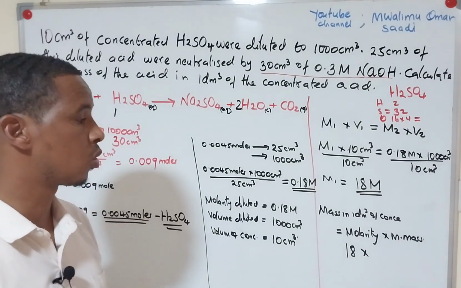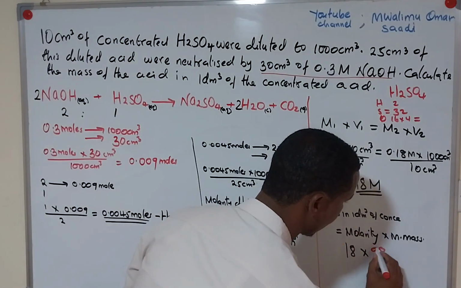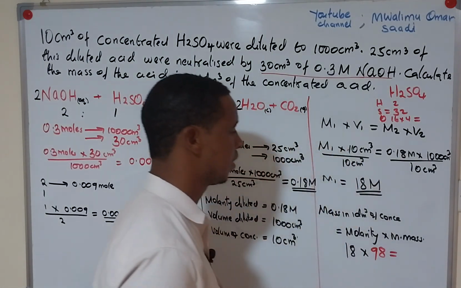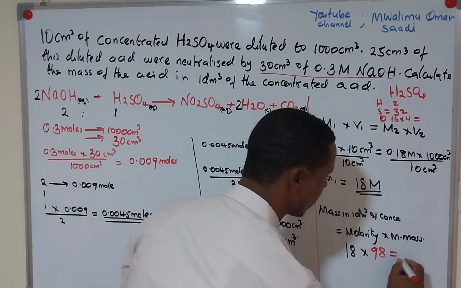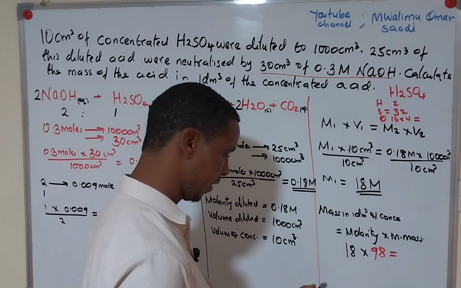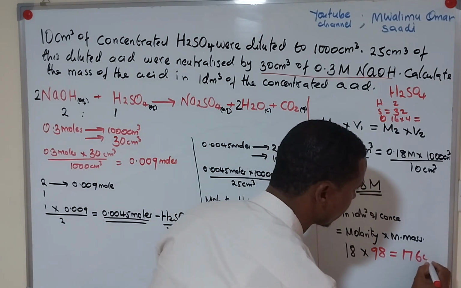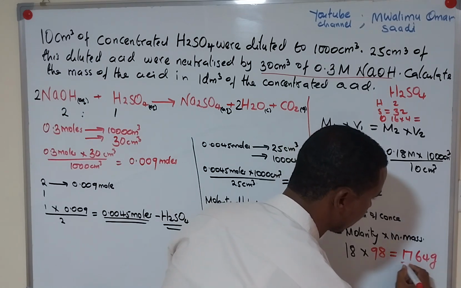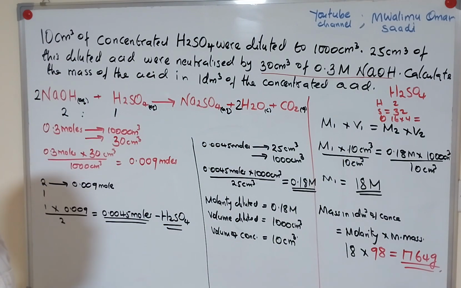That is equal to 98. So the molar mass of the concentrated acid is 98. And then, so that will give us 18 times 98 is equal to 1764 grams. So that is the mass of the concentrated acid in 1 dm³.